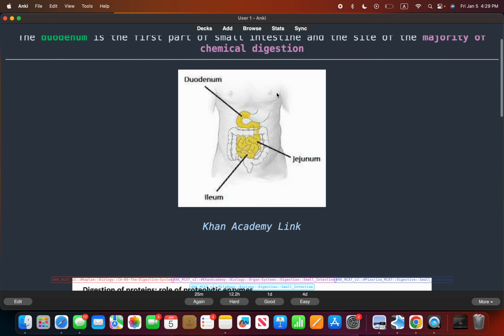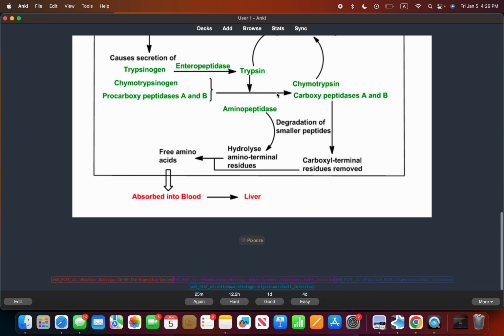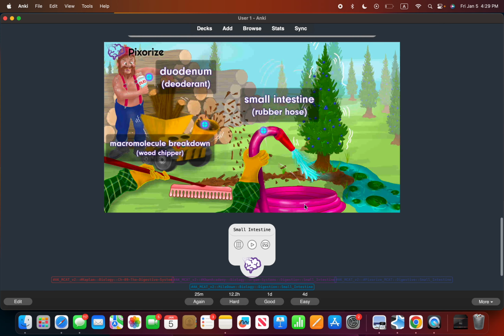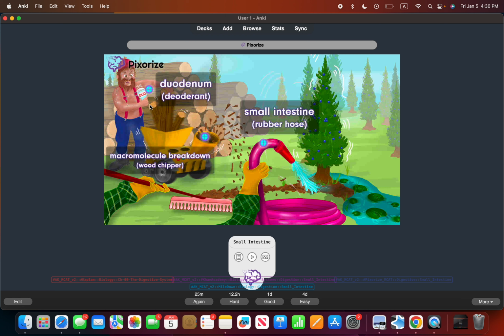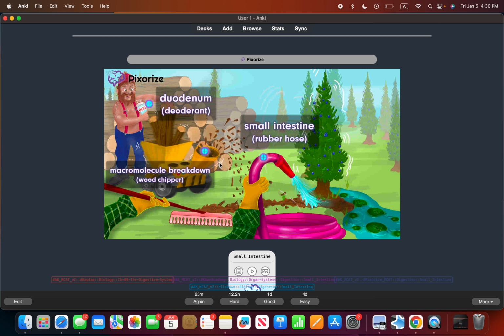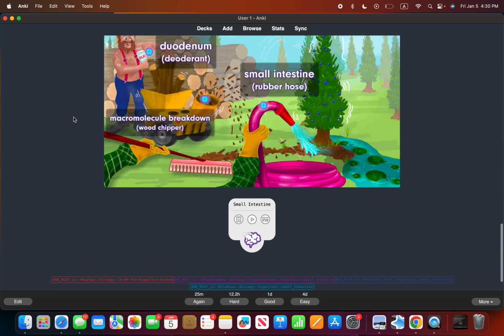And then we have the jejunum and ileum. What is the picture here? Duodenum, deodorant, macromolecule breakdown, wood chipper, small intestine, rubber hose. And who came up with these? What is going on here?